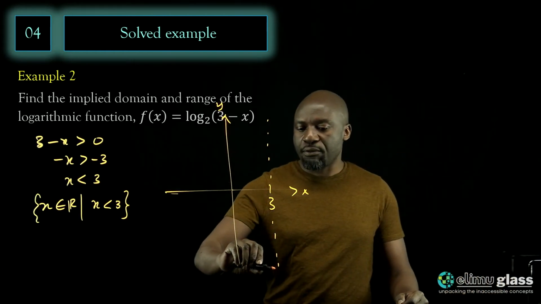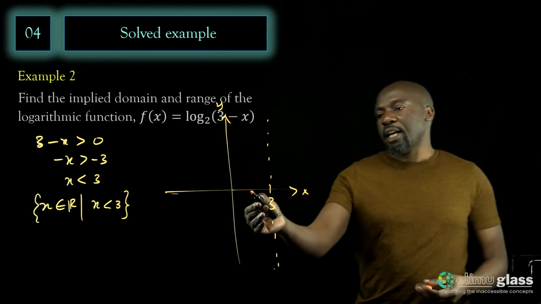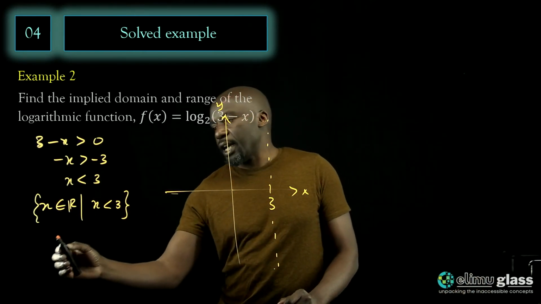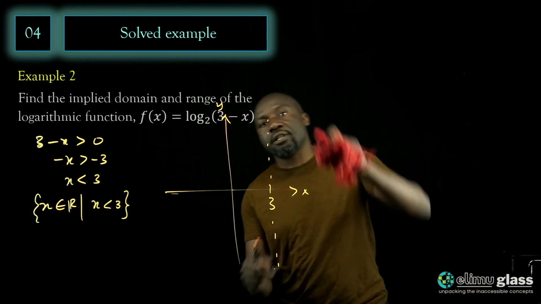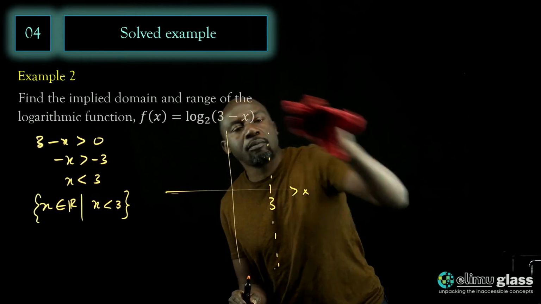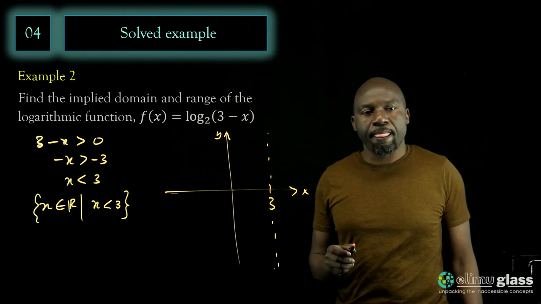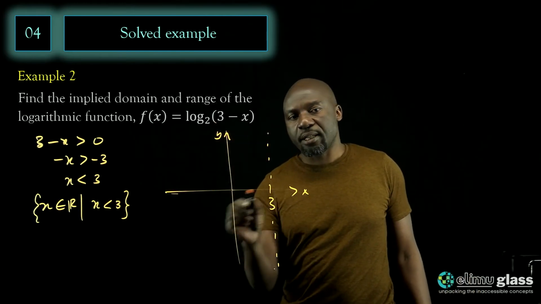Our graph, we can ask ourselves, where does it cross the x-axis? Let me remove a bit of this so it is visible. So that is our y. We reason that the function is going to be 0 at the x-intercept.